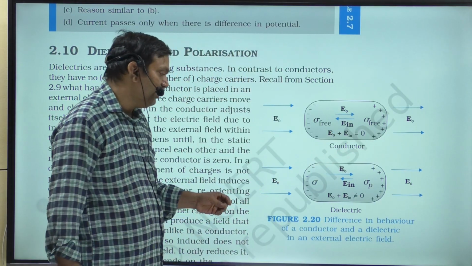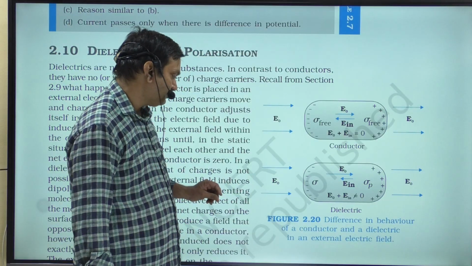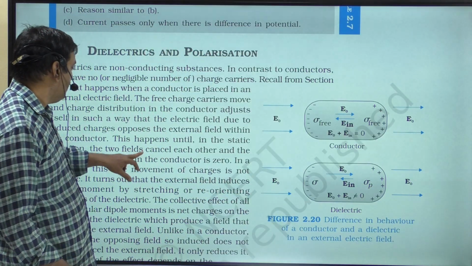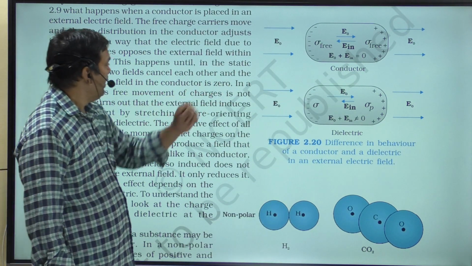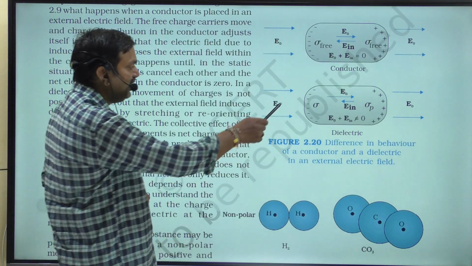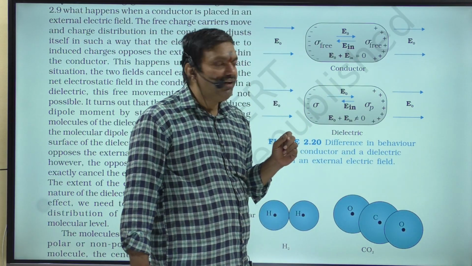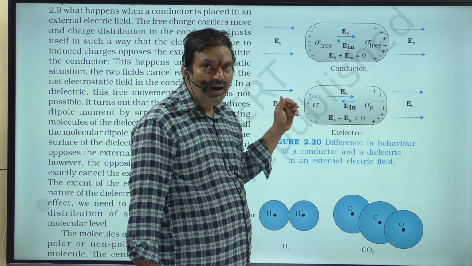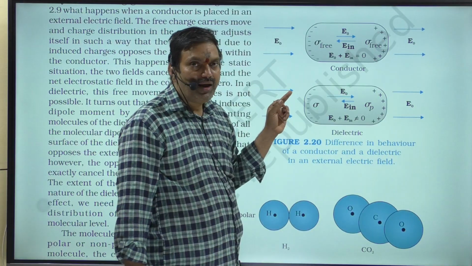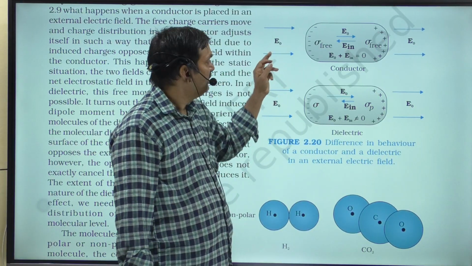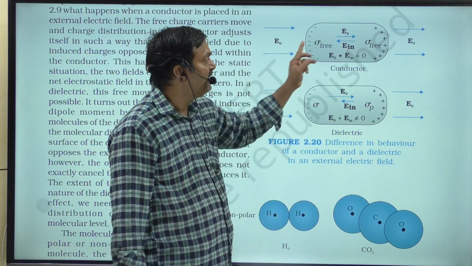Let us understand here. This is the external electric field, expressed by the symbol E naught. The subscript 0 indicates that it is the external electric field.